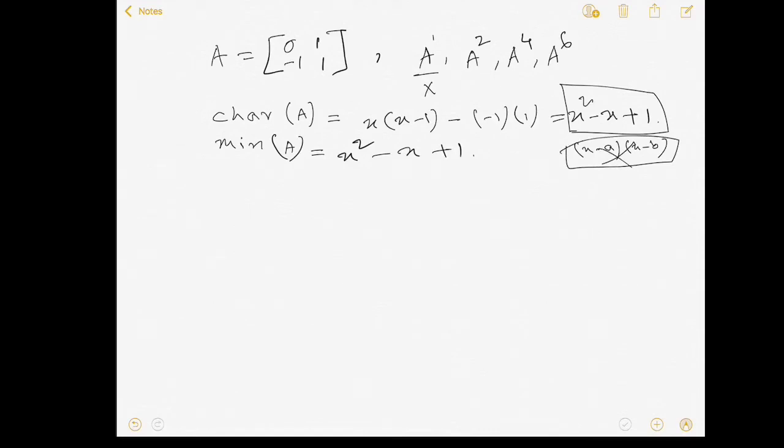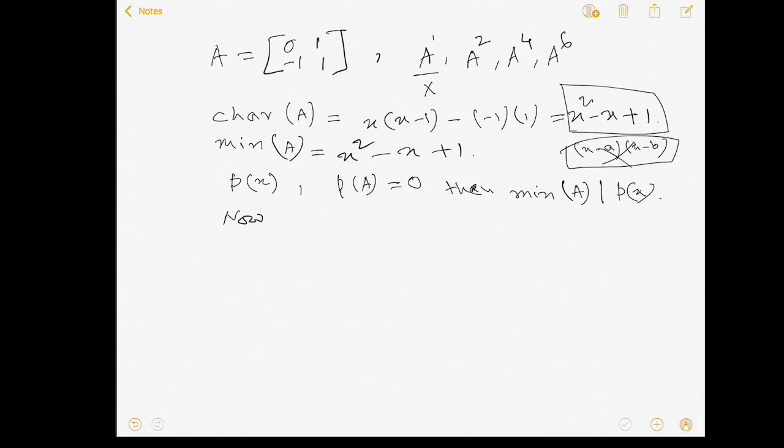So minimal polynomial of A is x square minus x plus 1, and it is well known that if P(x) is a polynomial and P(A) equal to 0, then minimal polynomial of A divides P(x).